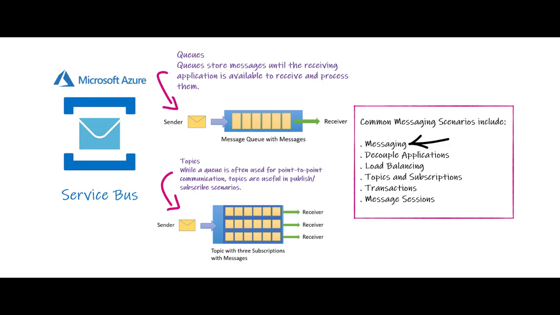Maybe you want to use it for the purposes of decoupling applications. You want to improve the scalability of applications, making it possible for large implementations to go through. So if you have spikes in traffic, that can be dealt with when you are decoupling applications.